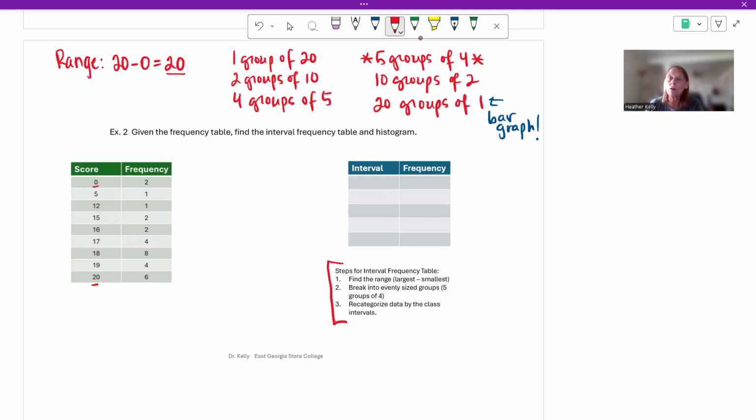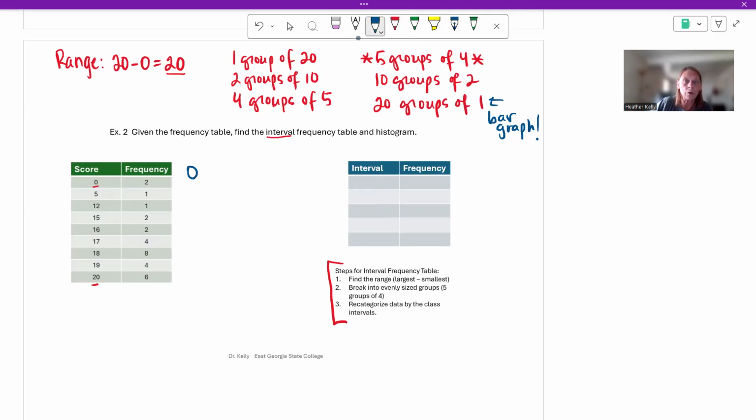Okay, now pay close attention here because this is so straightforward that people really get confused here. So I want you to be very attentive to what I'm going to say. Okay, so the way we set up the intervals is we start with the first data point.